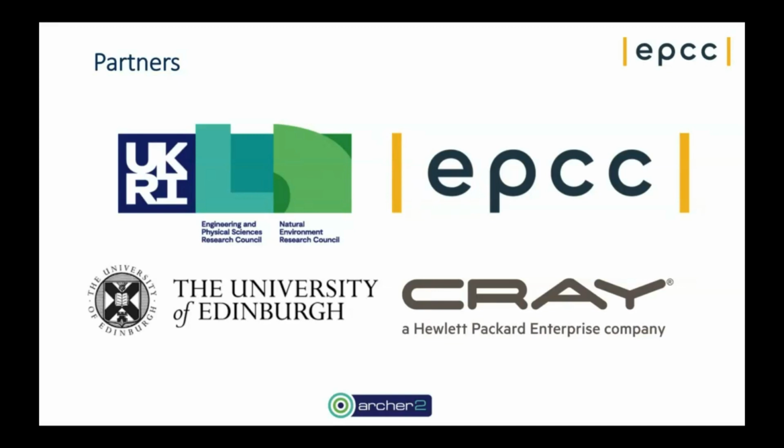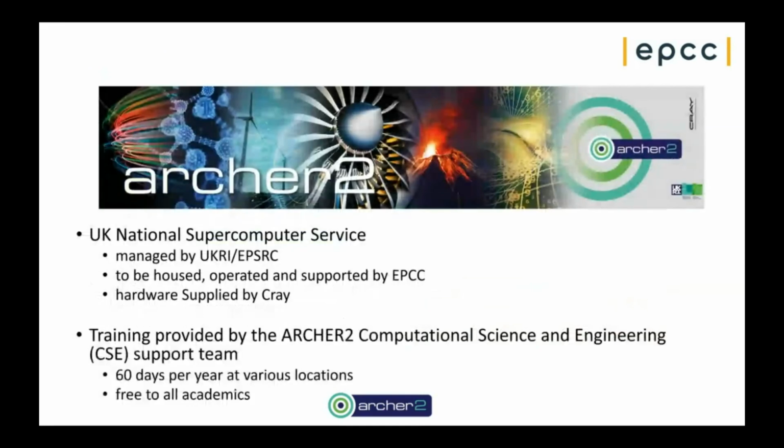It's a service that's run by ourselves, EPCC, as part of the University of Edinburgh, and it's a HPE Cray supercomputer. We run the system actually in Edinburgh, and we operate it for the research councils. And as part of that, there's this funding for support of users, what we call computational science and engineering support.